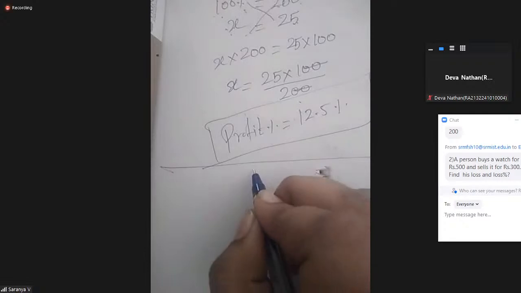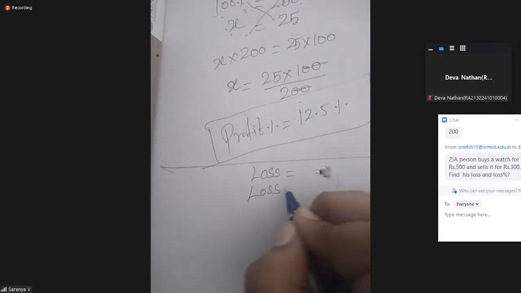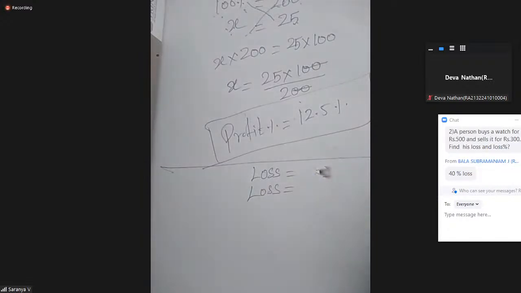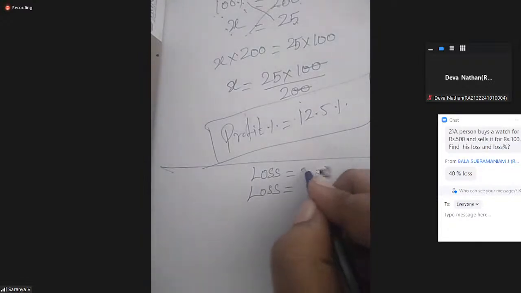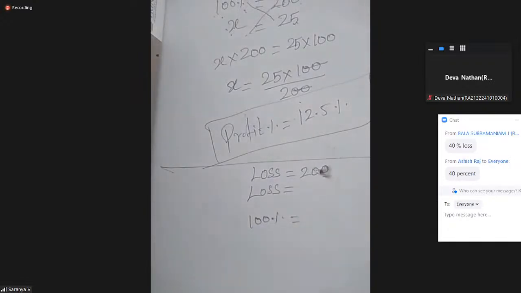Yes. So we have to find the loss and the loss percent. You know the loss is 200 rupees, right? So what is the 100 percentage amount in this question? That means what is the cost price? Yes, the 100 percentage amount is 500.